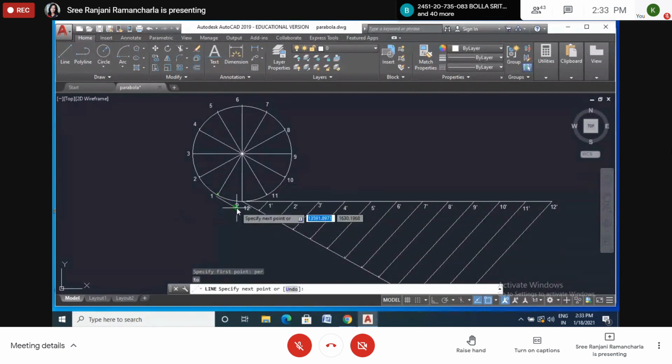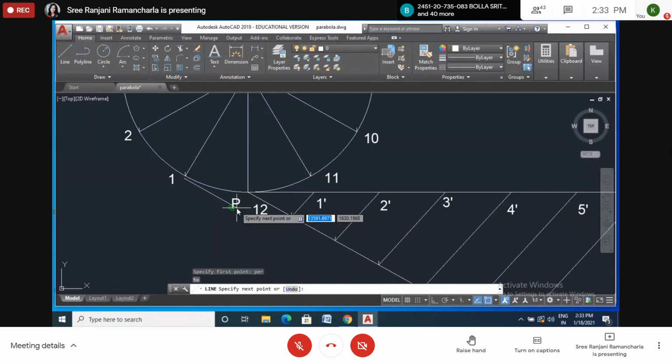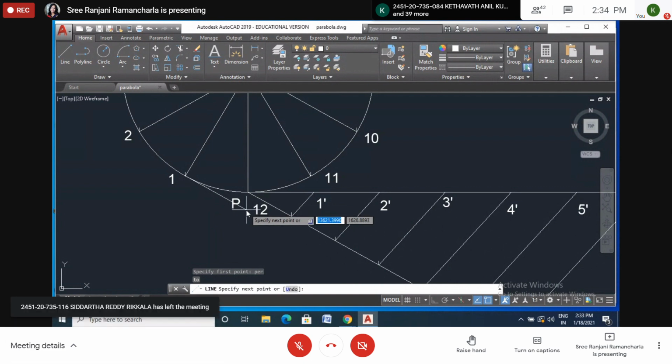Can you see here? I want to draw a perpendicular line approximately equal to this curve, or the one length.